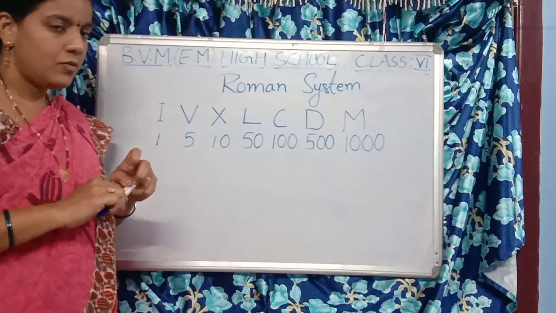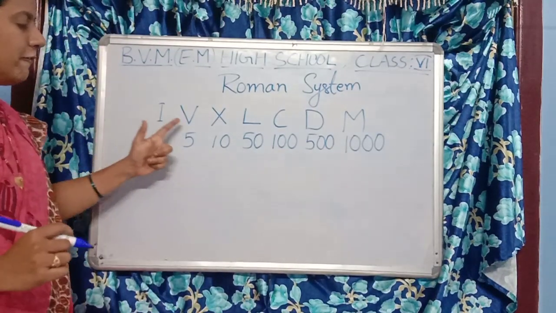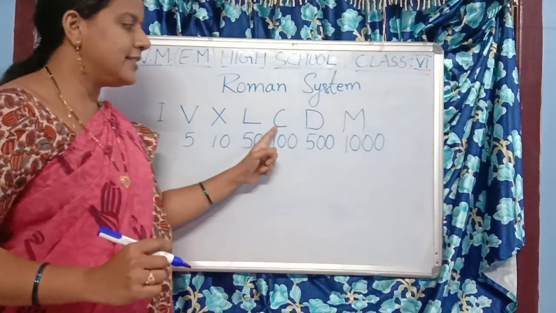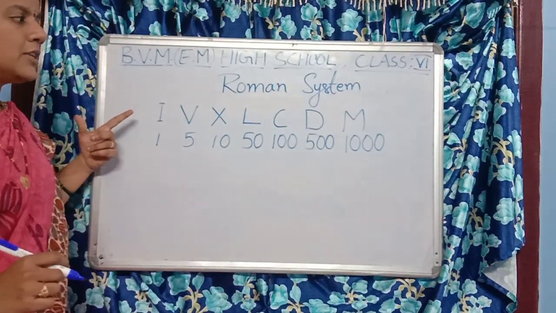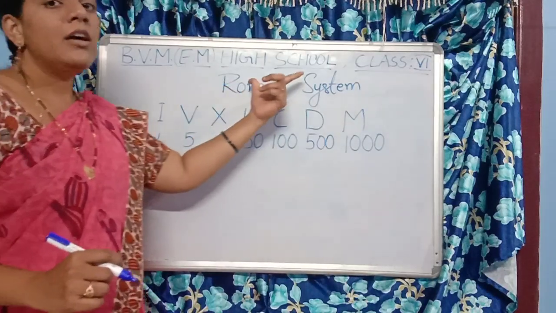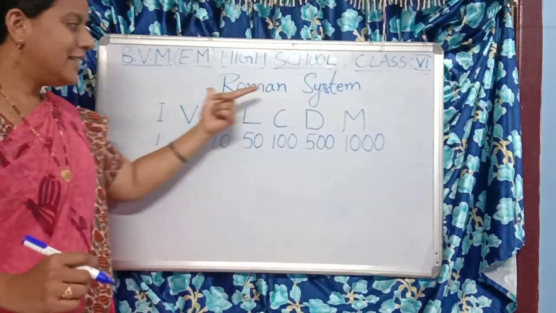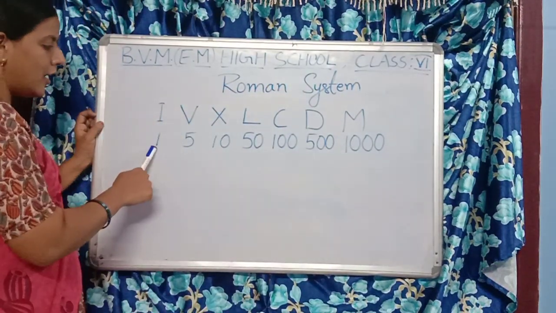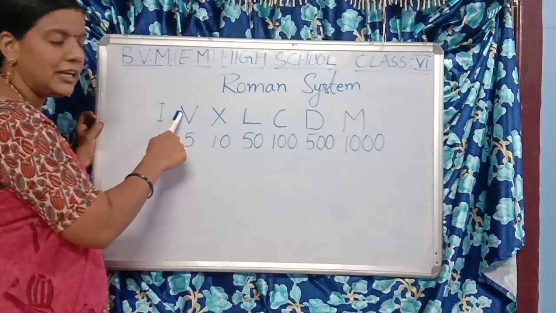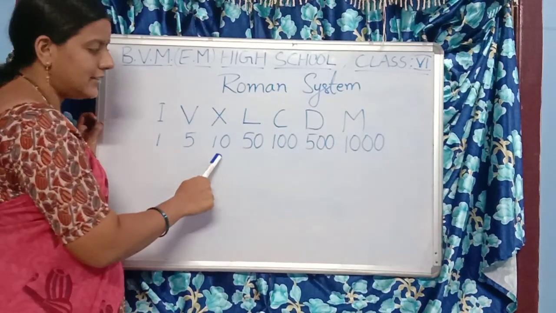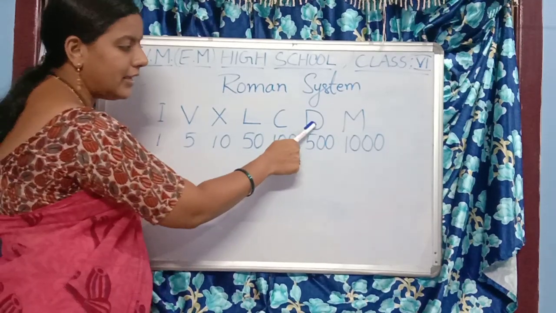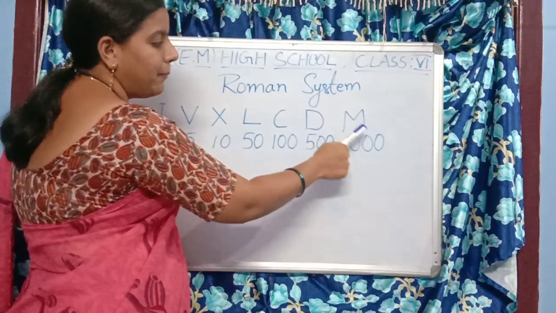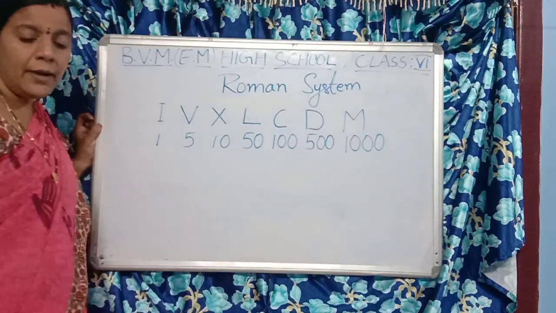Okay? Once again, I, V, X, L, C, D, M are the 7 symbols used as numerals in our Roman system, and they stand for 1, 5, 10, 50, 100, 500, 1000.